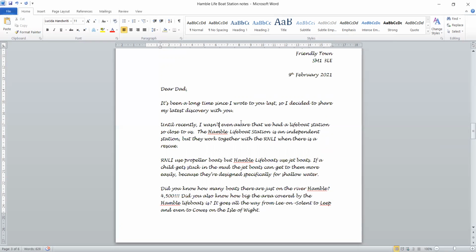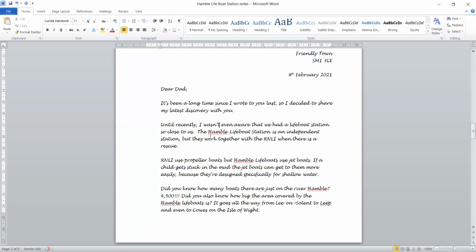So I have up-leveled my verb from the verb know to aware. So that is good up-leveling of my words. Now, can I change or up-level any other words? Hamble Lifeboat Station is an independent station, but they work together with the RNLI when there is a rescue.